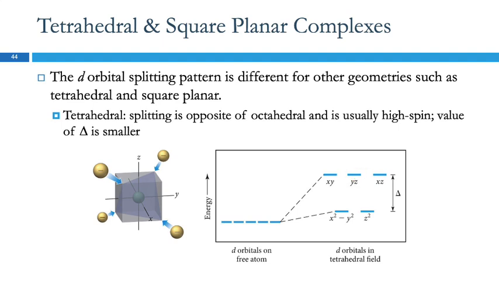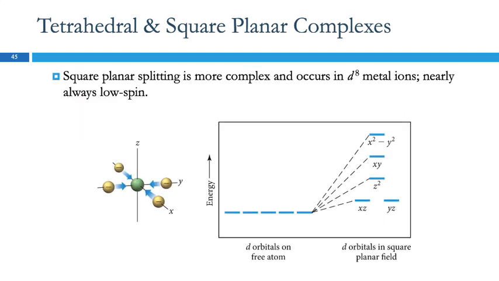And so we have 3 high and 2 low. So the splitting is opposite. In square planar, it's more complex. We end up with 2 lows, and then these guys split as well, so a lot more complicated. These are almost always low spin, which means they're going to have fewer unpaired electrons.